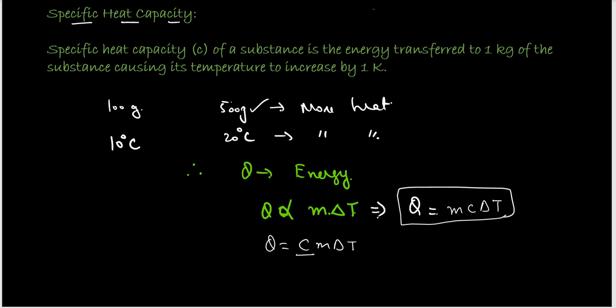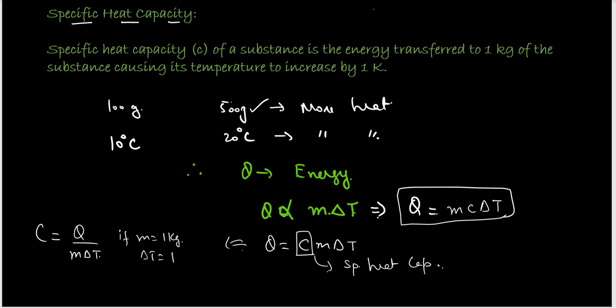What is this c? This c, which I introduced as the constant of proportionality, is called the specific heat capacity. And if I have to define specific heat capacity, c is equal to Q over m delta T. If the mass is 1 kilogram and delta T is 1 Kelvin, then c is equal to just Q, and that gives the definition that specific heat capacity of a substance is the energy transferred to 1 kg of a substance causing its temperature to increase by 1 Kelvin.